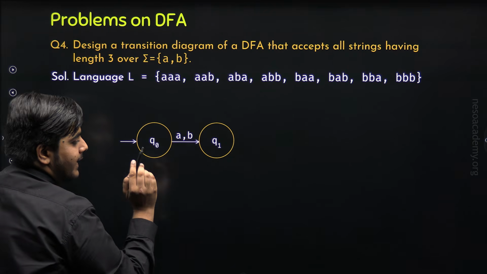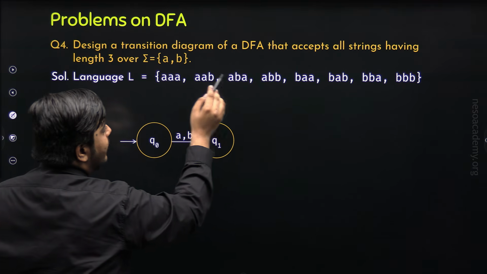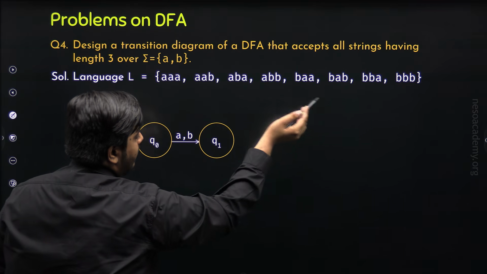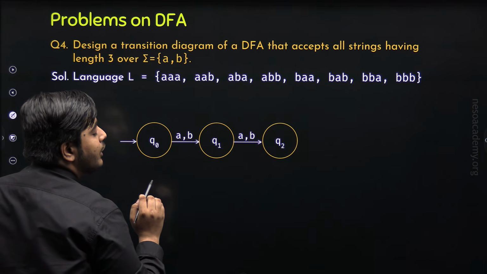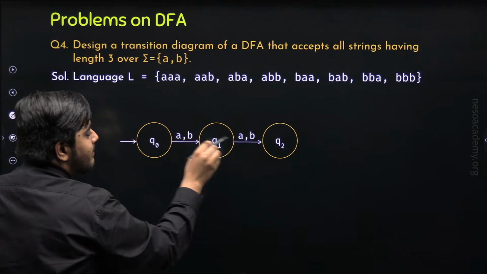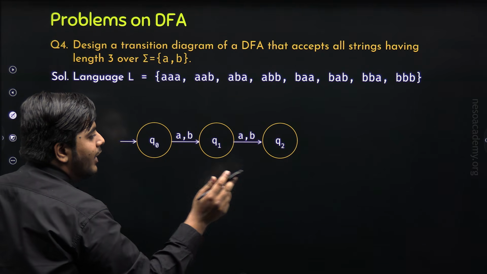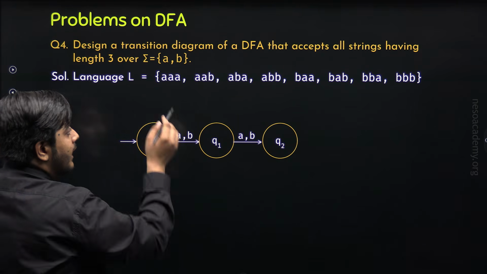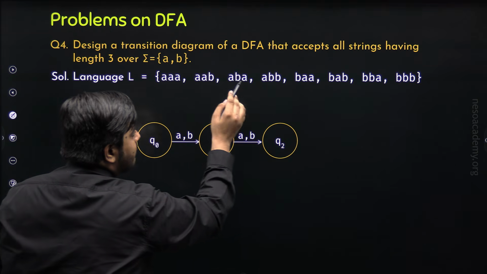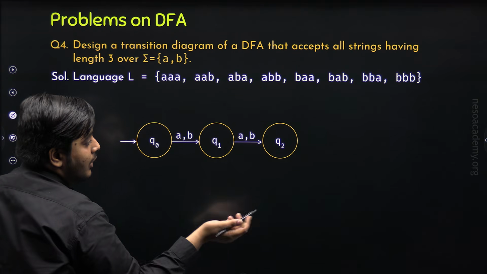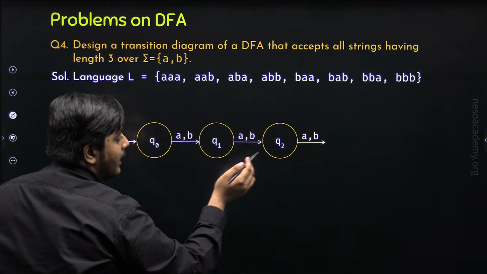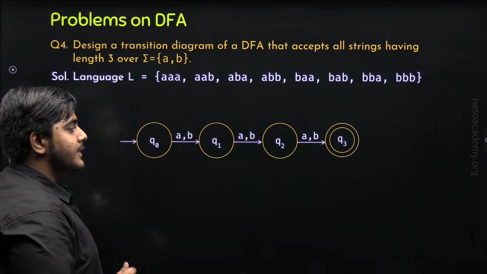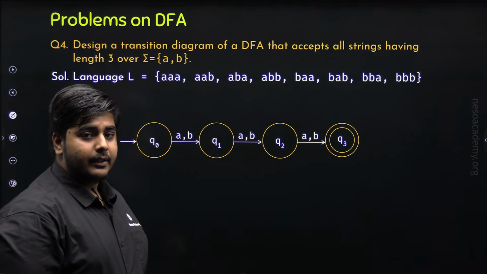Again, we will process the second symbol, and the second symbol can also be either A or B. So we will read the second symbol, which is A or B, and we will reach the state Q2. 2 symbols are already processed, and now we are going to read the third symbol. In these strings, the third symbol can also be either A or B. So we will read the third symbol, which can be either A or B, and finally we will reach our accepting state, that is Q3.